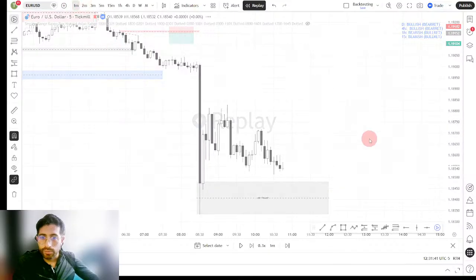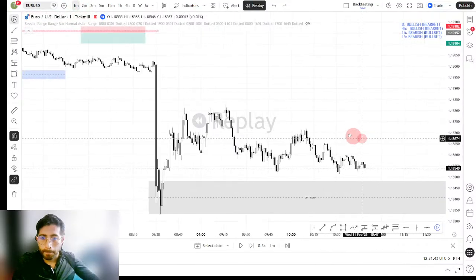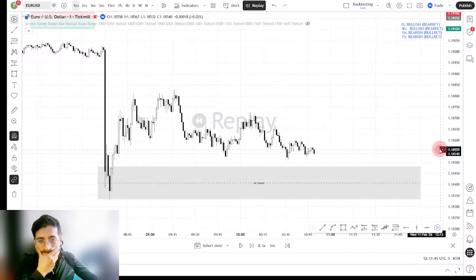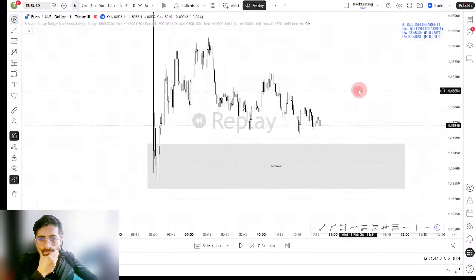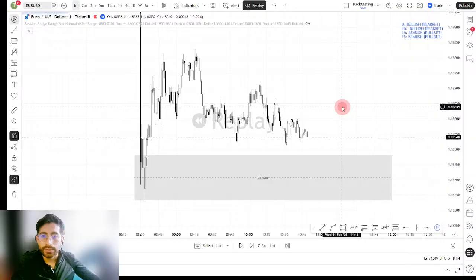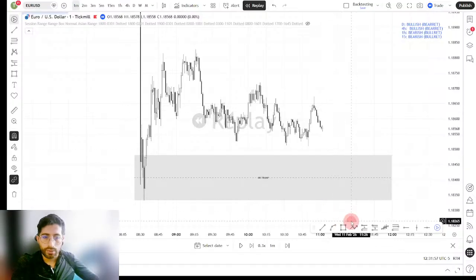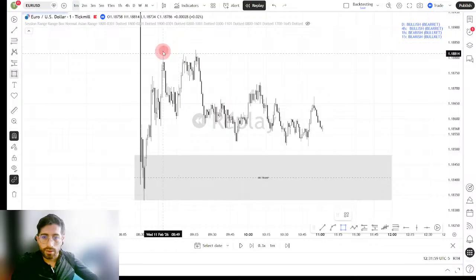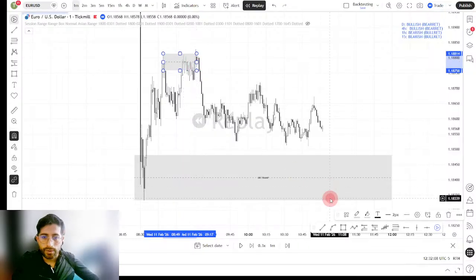Now let's check. Boom, 1 minute time frame. Yeah, there is a range beginning. Look here. Range beginning there.